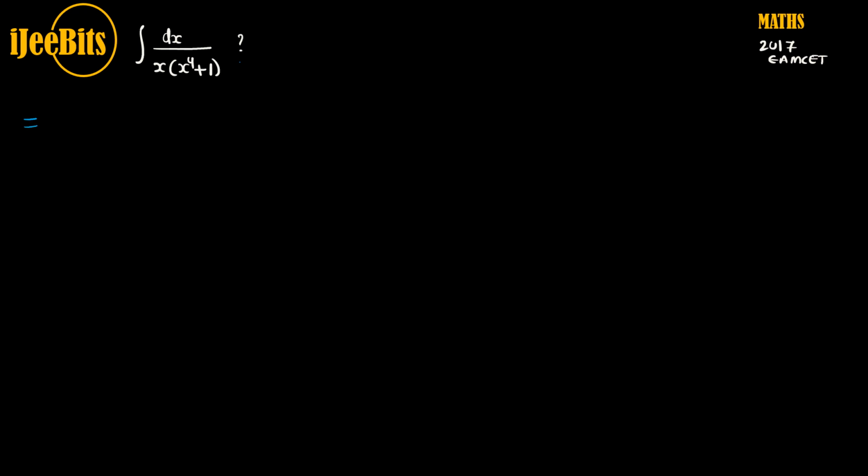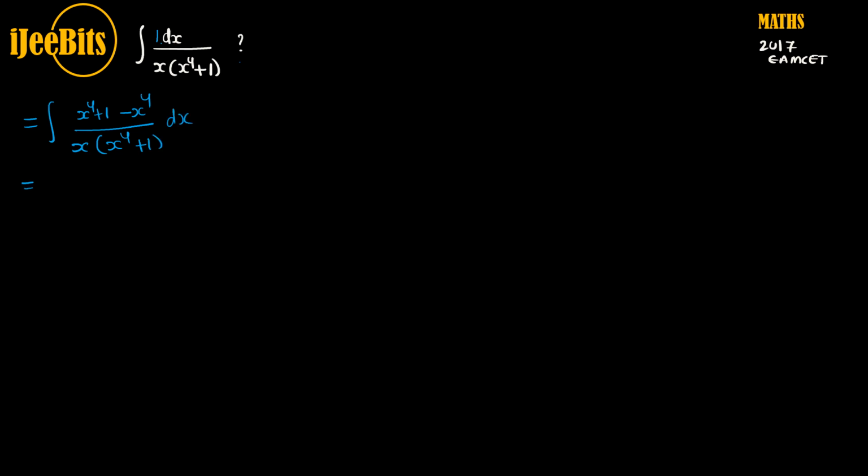Let me try integration now. In the numerator I have only one, correct? So I can rewrite this as x to the power 4 plus 1 minus x to the power 4, which is nothing but 1 only, right? There is no real change, divided by x into x to the power 4 plus 1 dx, correct?